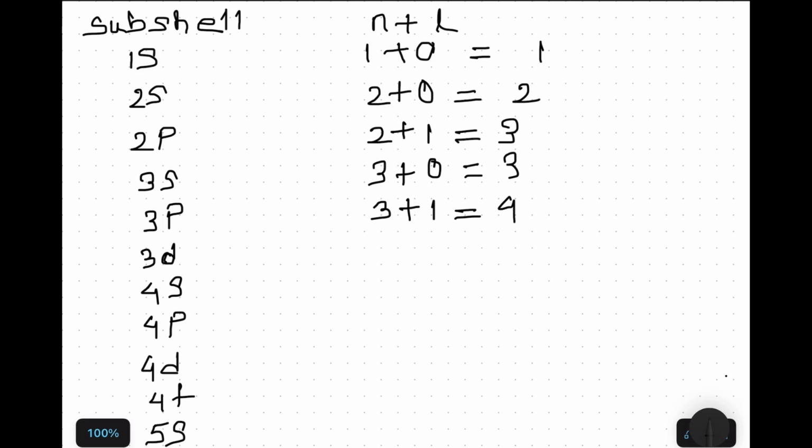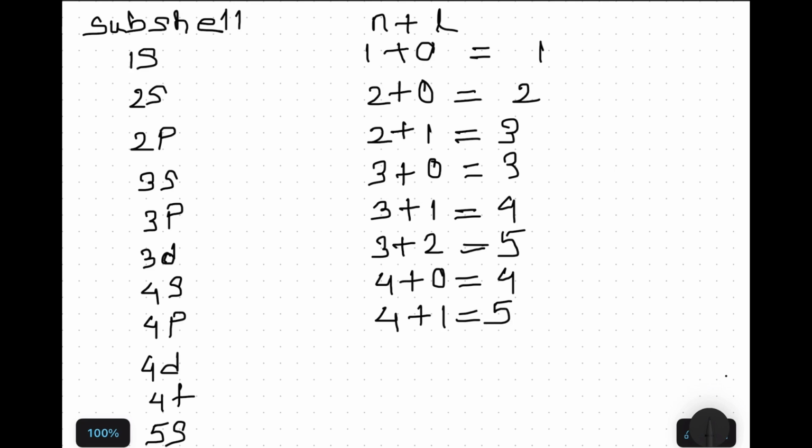For 3d it's 3 plus 2, that means 5. For 4s it is 4 plus 0 is equal to 4. For 4p it's 4 plus 1 is equal to 5.